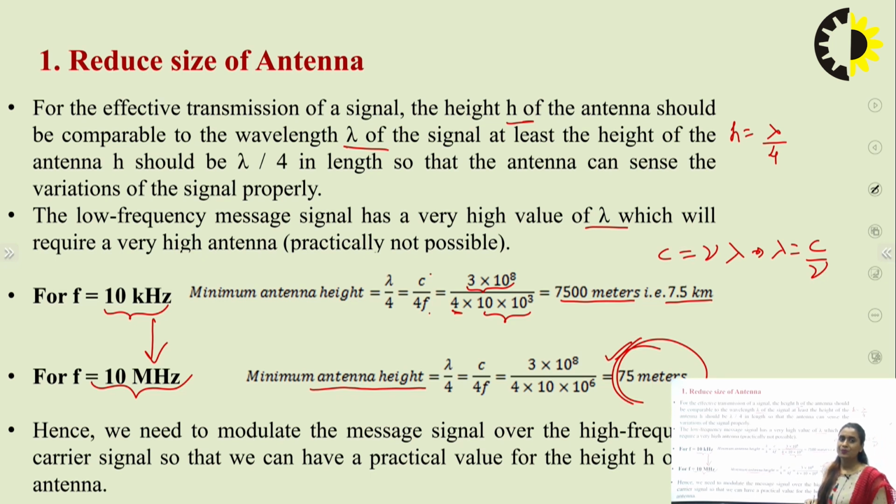So long distance communication can be achieved by taller antennas, but there comes the practicality of height. So we perform modulation so that with smaller antenna height, high frequency signals can be communicated.